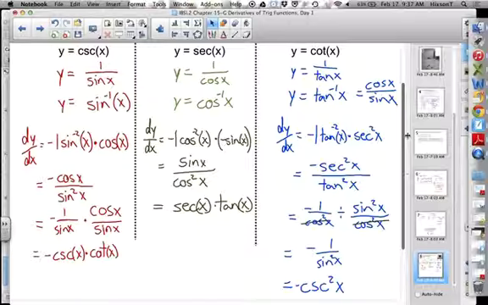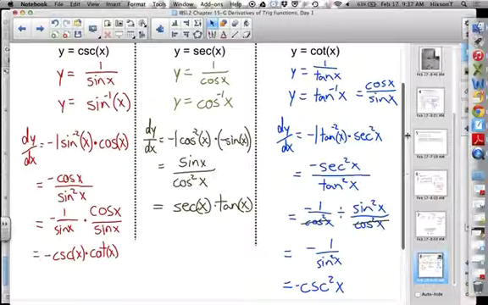Now, a couple of patterns to look at. Anything that starts with co, the derivative's negative. Cosine was negative sine, right? Cosecant's negative cosecant cotangent.